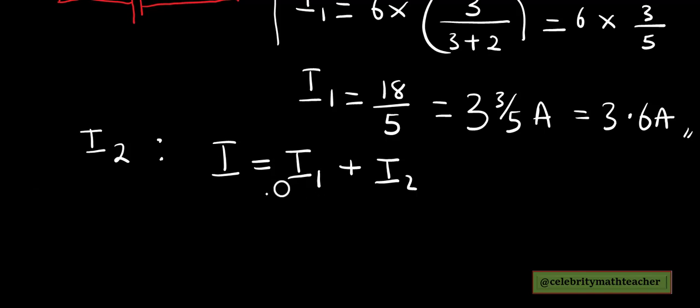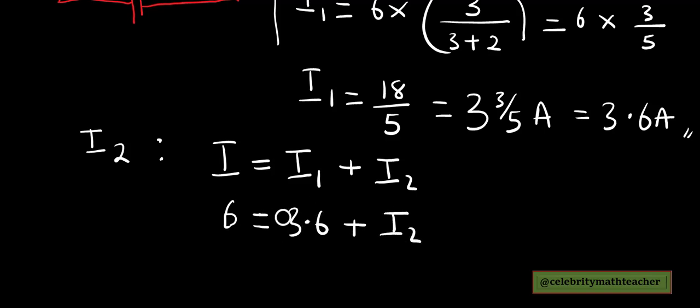So when we do that, I is 6, so 6 amps equals I1, which is 3.6, plus I2.